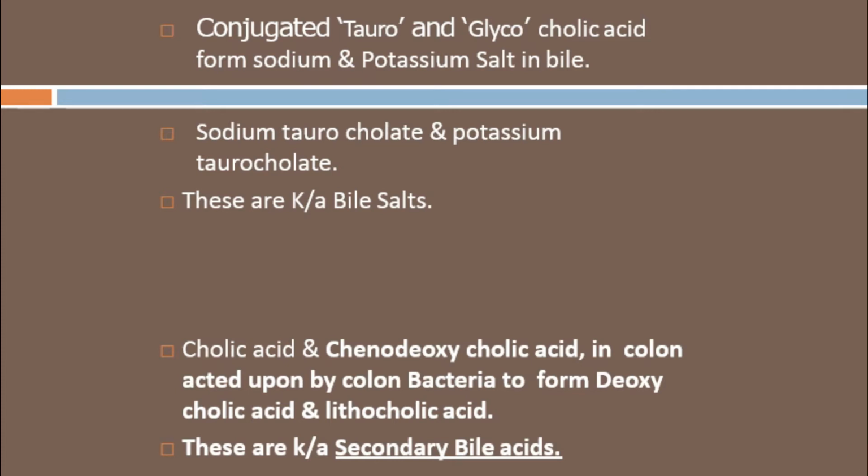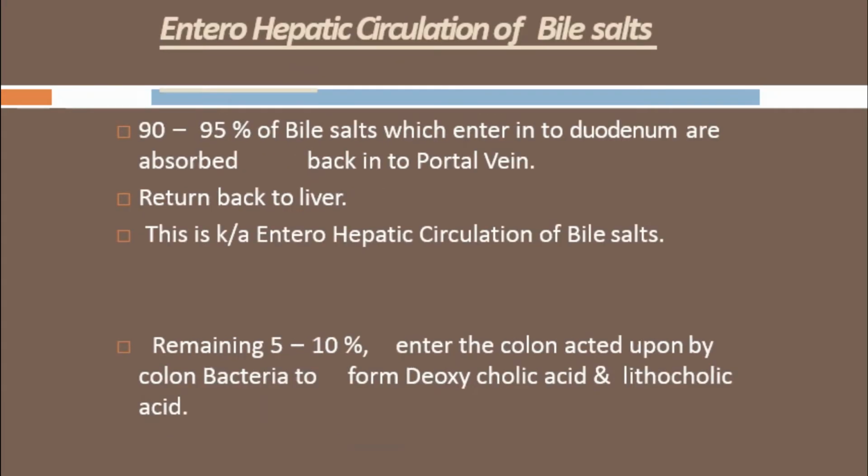Now, the majority of these bile salts will enter the duodenum, be absorbed into the portal vein and sent back to the liver. This is known as the enterohepatic circulation of bile salts. A minute amount, around 5 to 10%, will remain in the colon and again be acted upon by bacteria to form deoxycholic acid and lithocholic acid. Again, these are known as secondary bile acids.